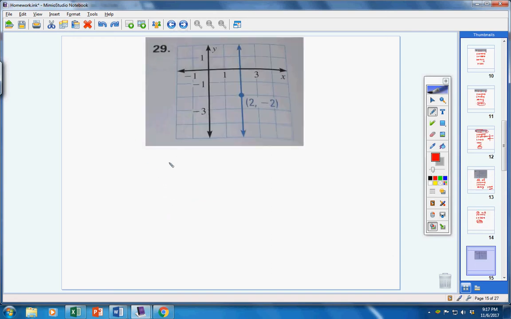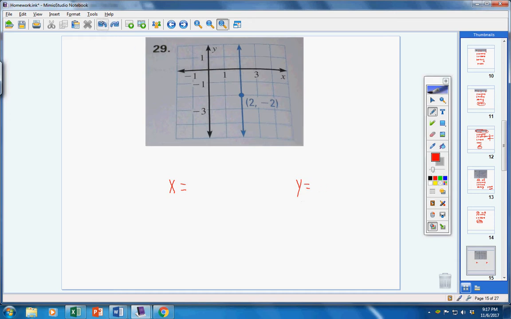Number 29. Now, students, there's really no work to be shown here. I have taught you guys when you have a vertical line, the equation is going to be x equals. If you have a horizontal line, the equation is going to be y equals some number.